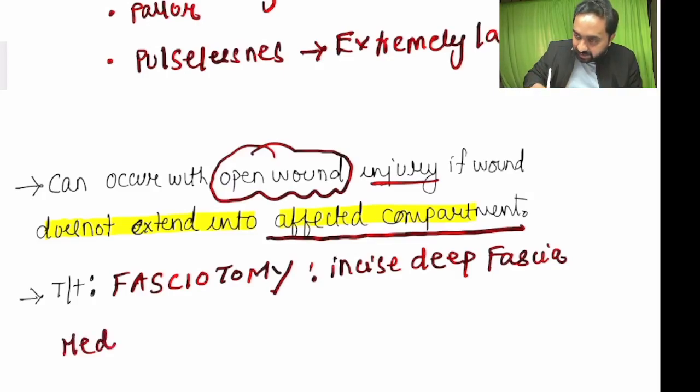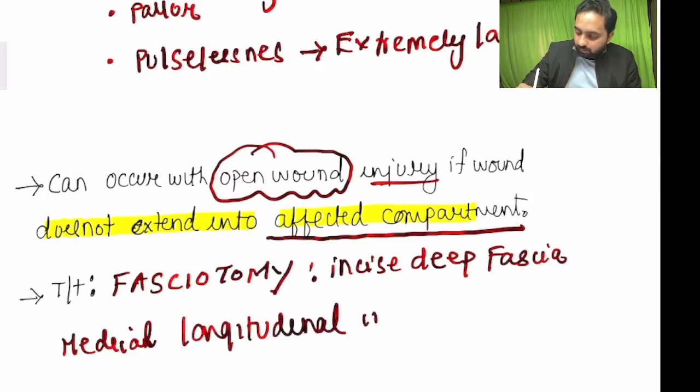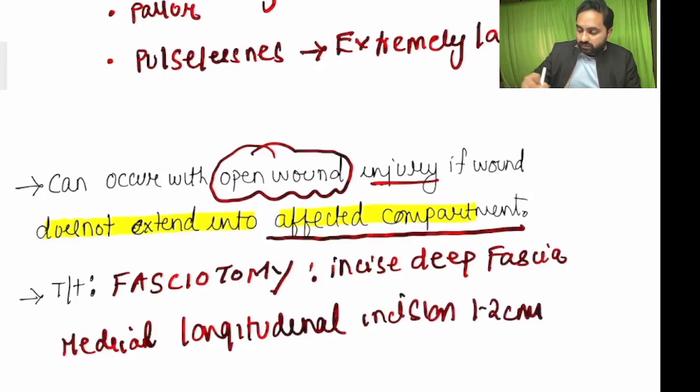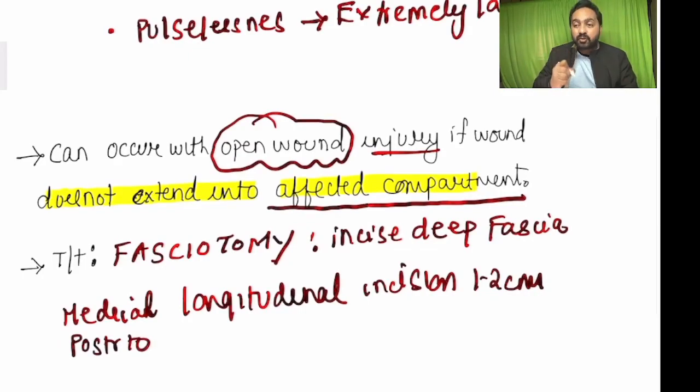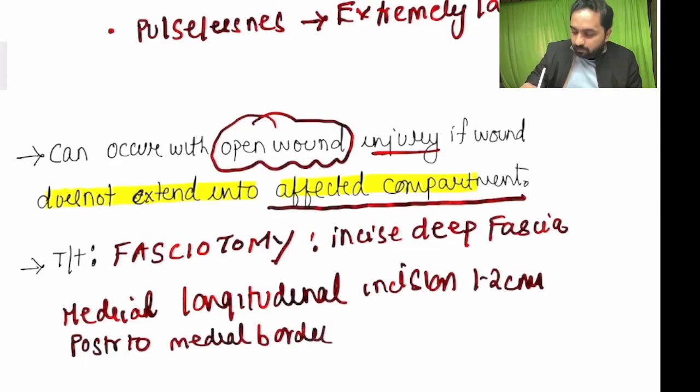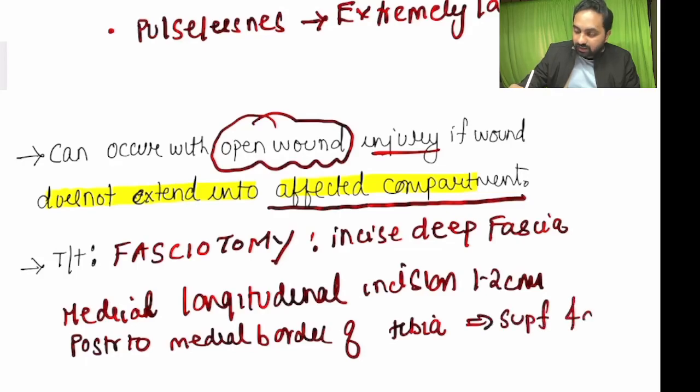One is a medial longitudinal incision, which is usually 1 to 2 centimeters posterior to the medial border of the tibia, which is going to decompress the superficial and the deep compartments.